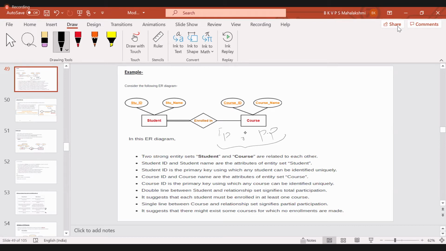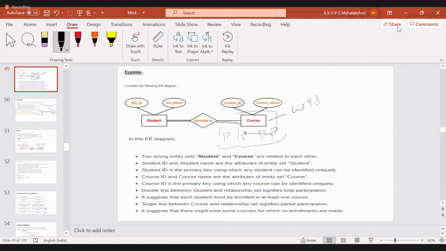But if it is a weak entity, consider that this is not a primary key, and let us assume this has a dashed underline, so that it is a partial key only, not a full key. If it is not a strong entity, then consider it a weak entity set, so you have to draw two lines.